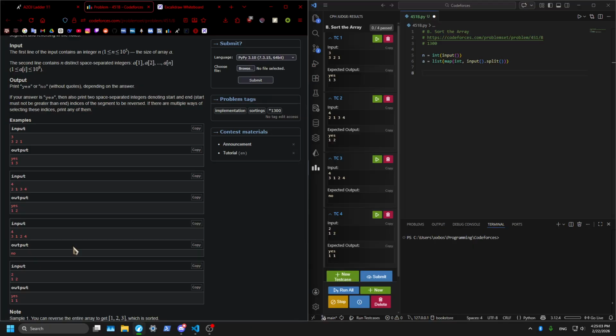How do you know where to reverse? I was going to say it's pretty easy to tell when it's possible, but I guess it's not true.